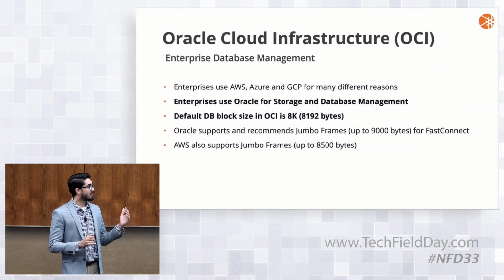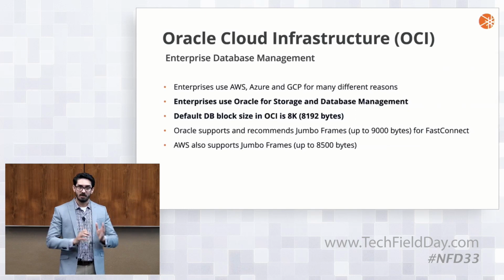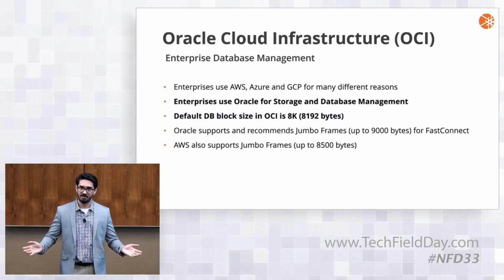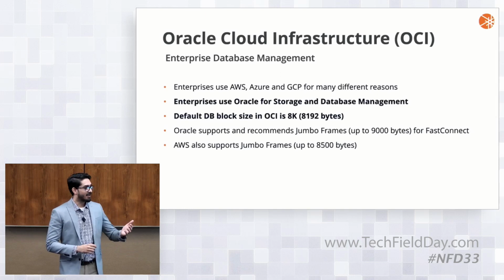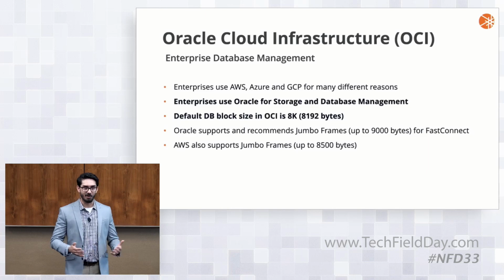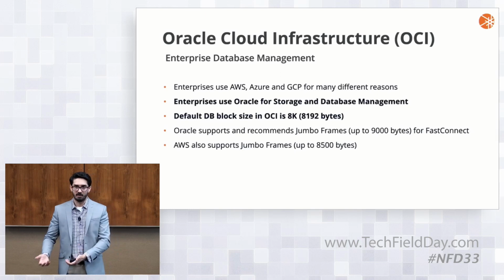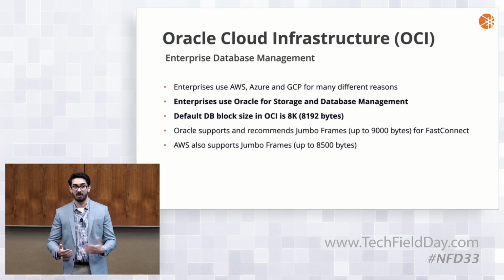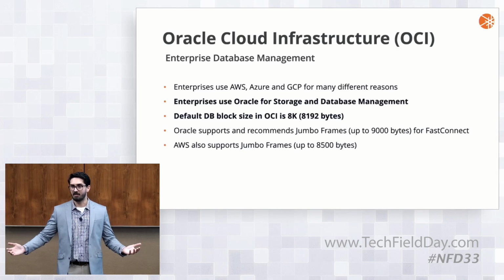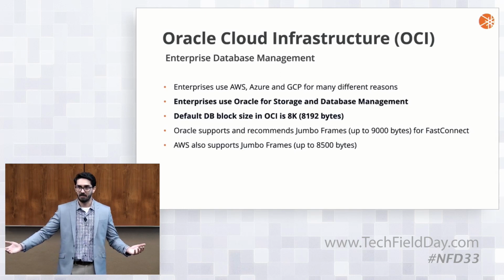If you look at Oracle Cloud Infrastructure, Oracle's been in the database game for a very, very long time. And there are a lot of customers who still use Oracle databases. In that case, you may have a limitation of: does my application have to run in the Oracle cloud? Or is there a way for me to run my application somewhere else, and have my database running in OCI?